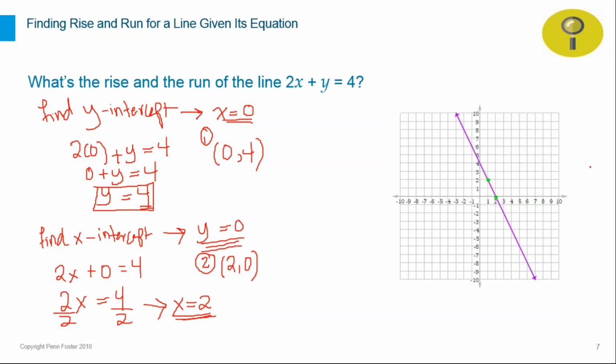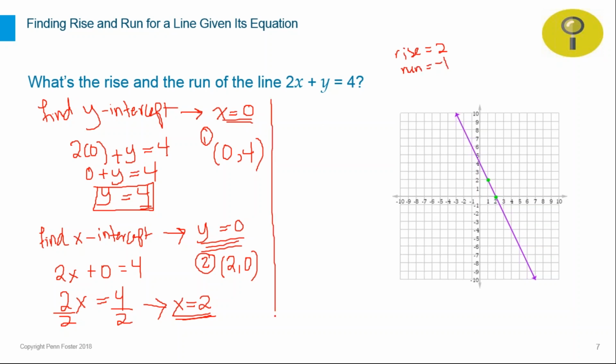With the graph, if you start from this point, you will have to go up 2 units, so the rise is 2, and then you will have to go to the left 1 unit, so the run is -1. So from the graph, rise equals 2 and run equals -1.